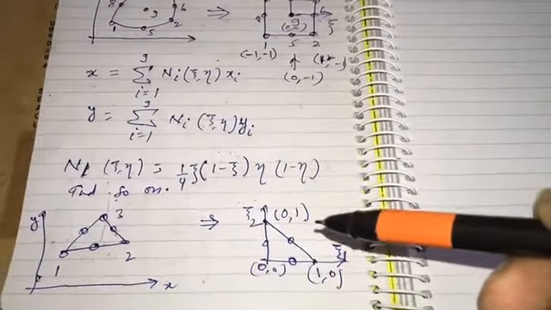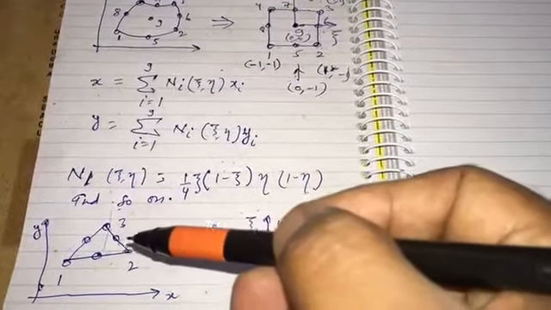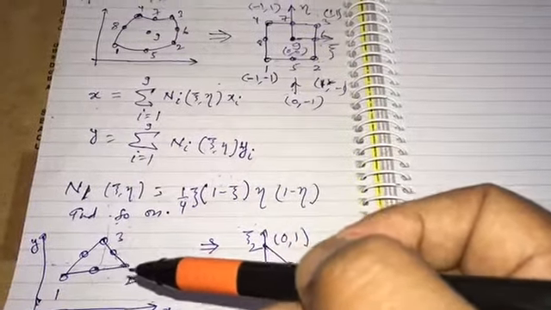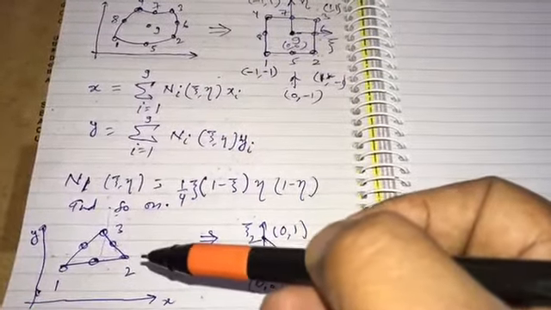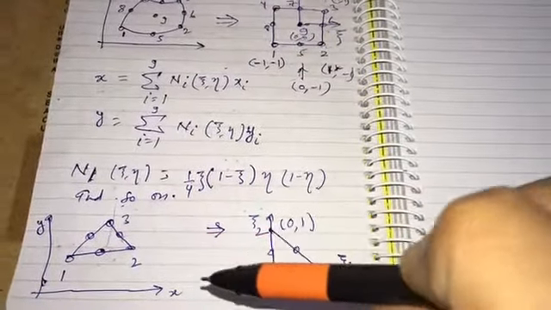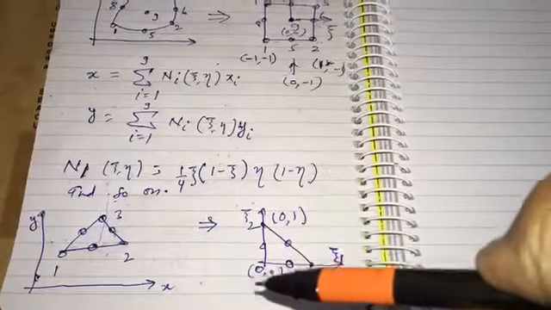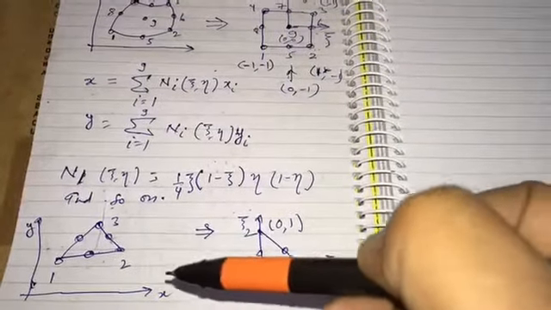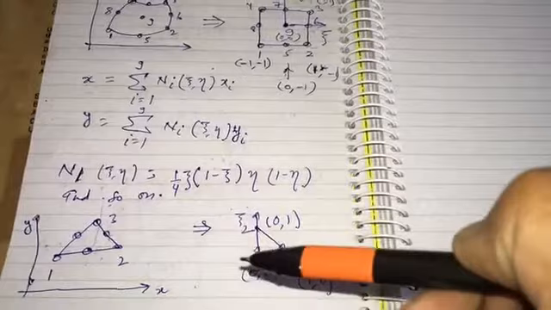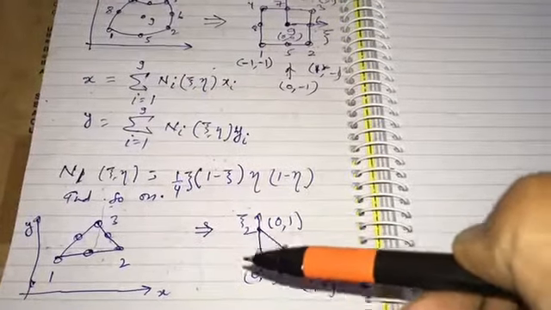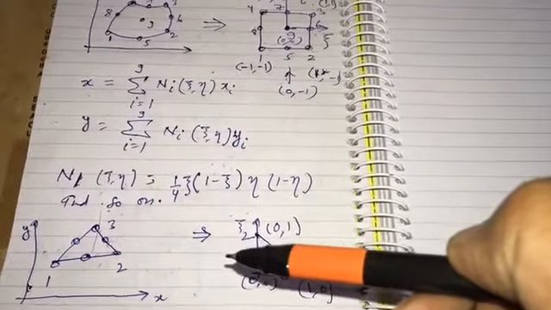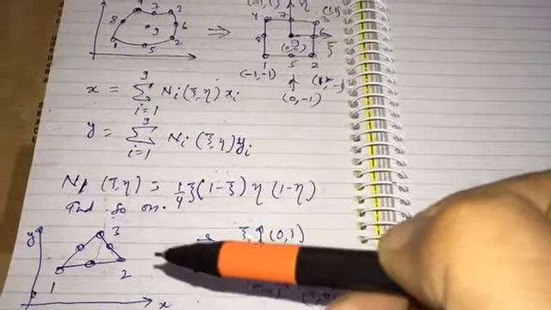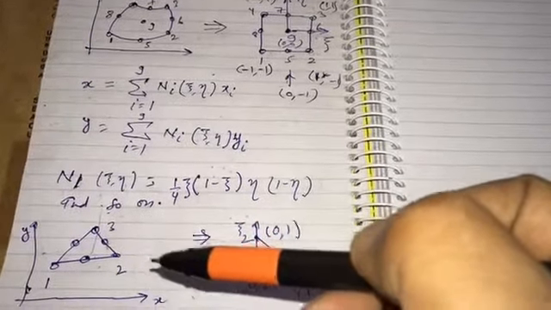So if you want to do the numerical integration as it is done in computers, then how to find out, for example, the shape function of a triangular element, or rather the stiffness matrix of a triangular element by numerical integration.